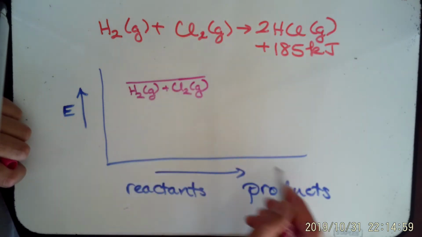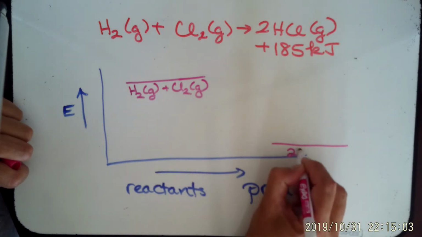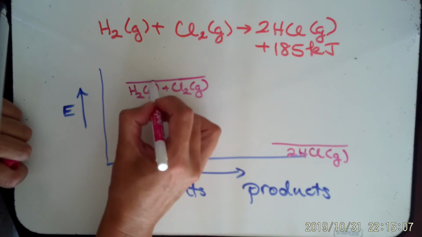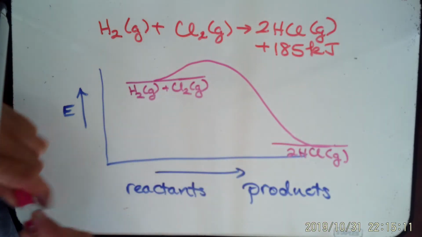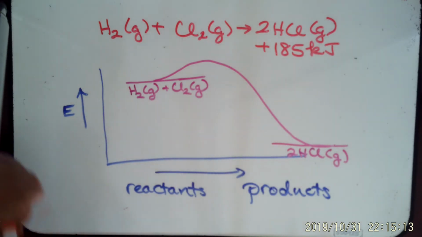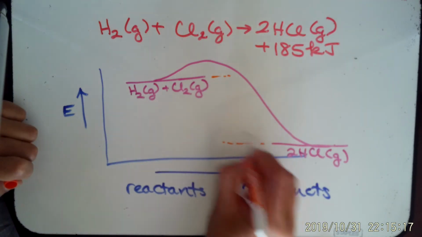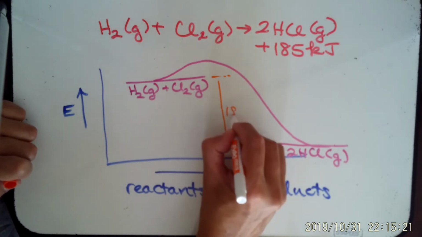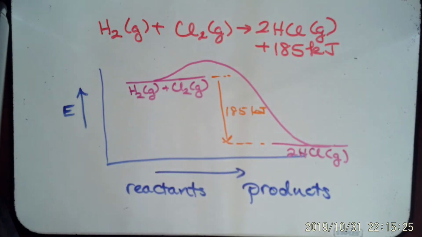Remember, I'm releasing it, so here would be my products. And if I look, this difference in energy from here to here, that difference is 185 kilojoules. So when I'm releasing heat, it's like I'm rolling down the hill.